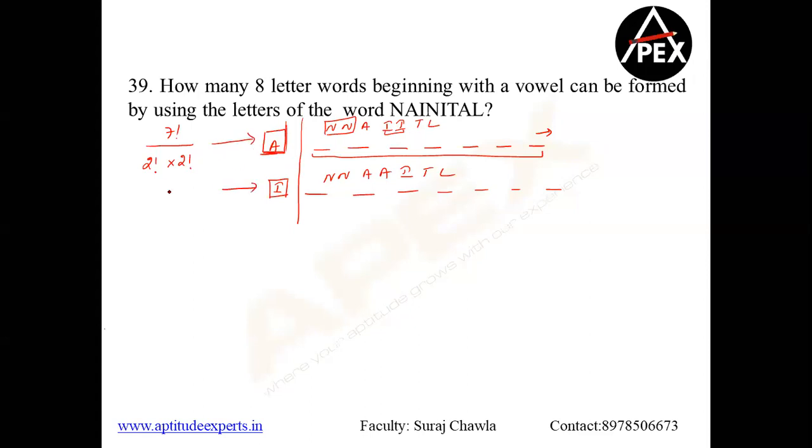Similarly, we have the same number of cases starting with I, 2 factorial into 2 factorial. So my total number of cases will be 7 factorial by 2 factorial into 2 factorial into 2. So 2 and 2 get cancelled.